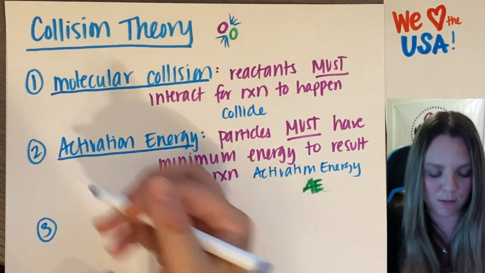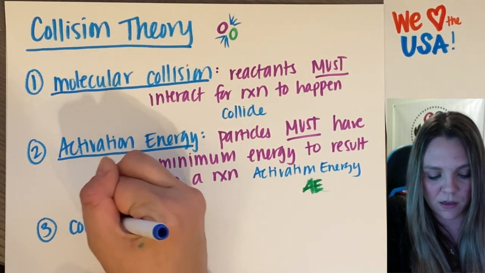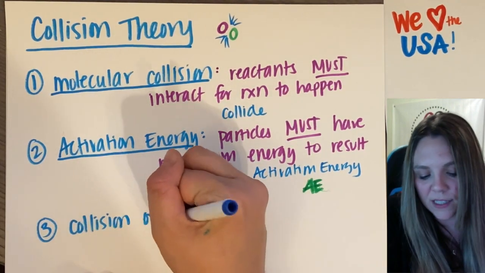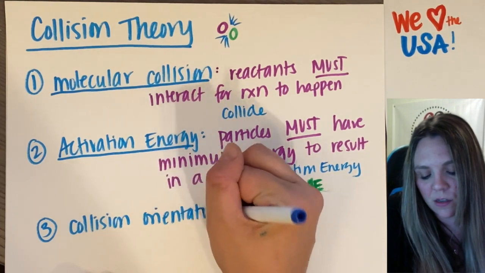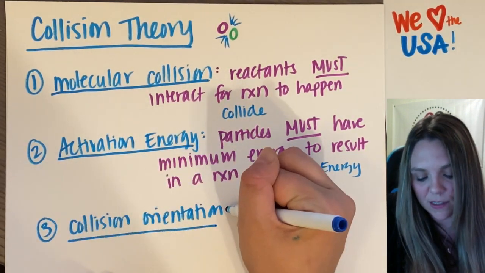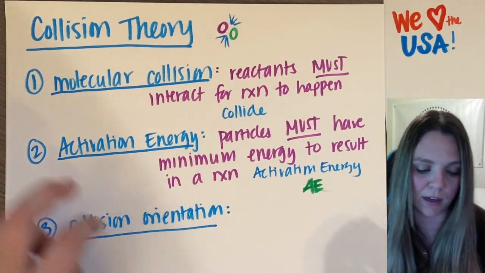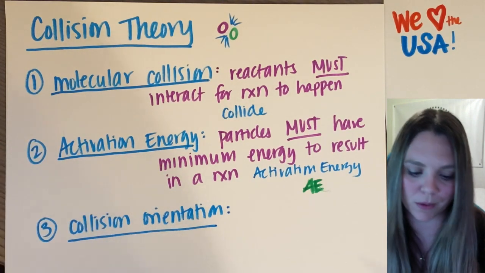And point number three is collision orientation, which is actually, I think, the easiest to understand. Well, I don't know. 1 and 3 are the easy ones. I'm going to be real with you, 2 is the hardest.